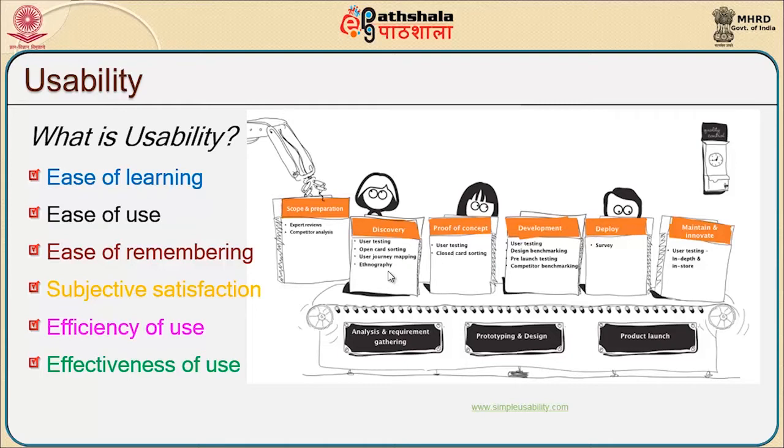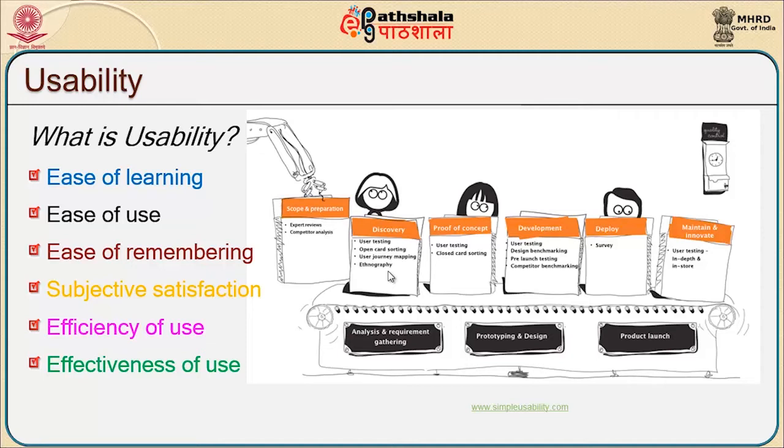It is not designed with the same format. Say in one window or one particular website, the logout button will be on the top right corner. In the other window, the logout button will be somewhere in the middle, and in the third website, the logout button will be at the bottom. So usability becomes a very difficult task.